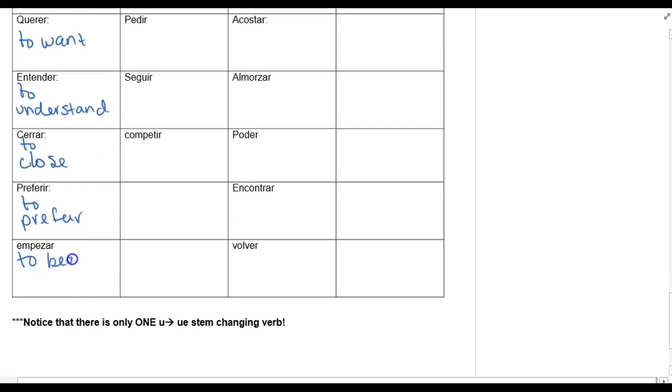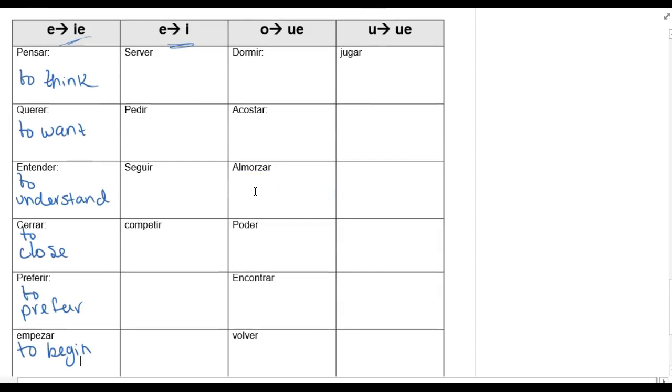Okay? Then we have E to I stem changing verbs. And we have the verb servir, and this should actually be an I. I don't know why it's an E right there, but it should be servir. And servir is going to be to serve. Pedir is to ask for or to order. Seguir is to follow. Competir is to compete.